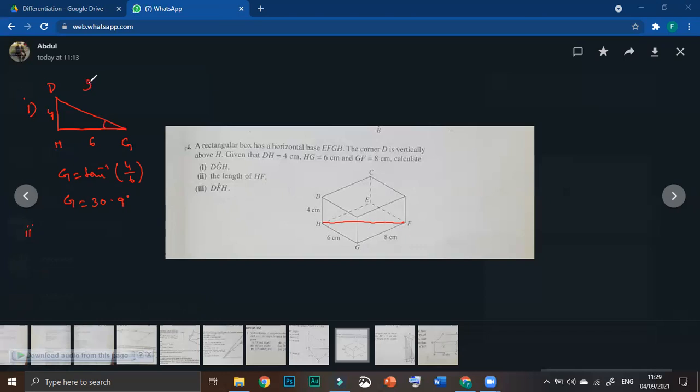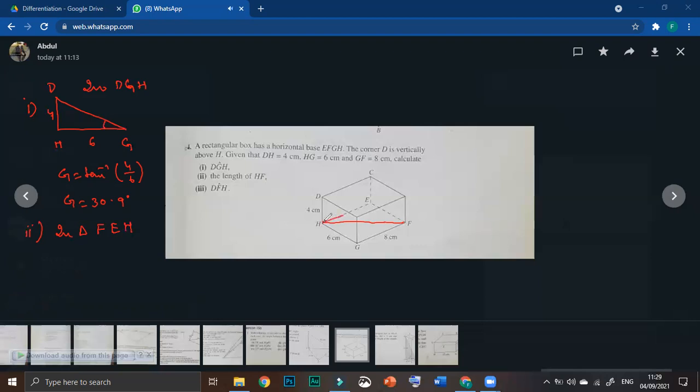Which triangle we will use to find out the length HF? F, G, H. F, E, H. We will use this triangle.